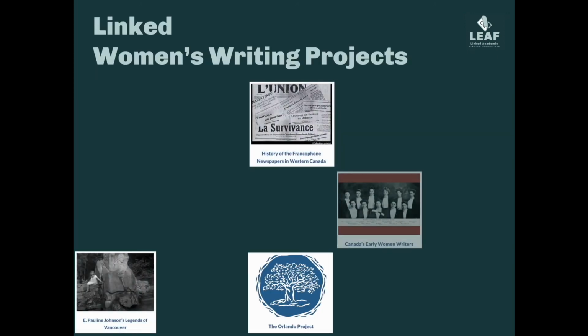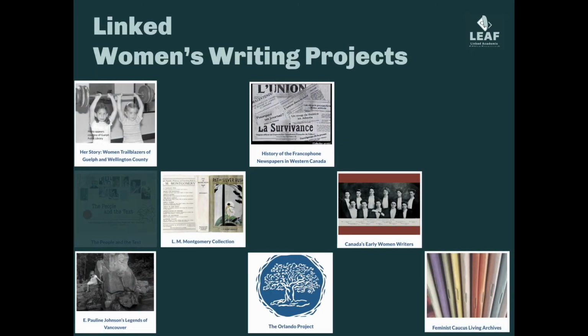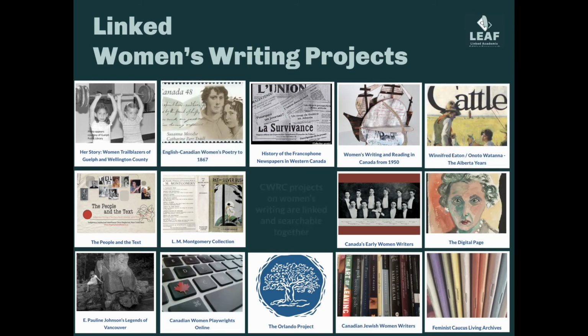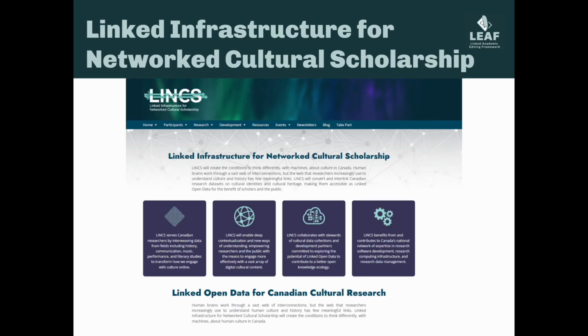Linked data will connect content across disparate LEAF projects to combine knowledge from different sources and perspectives, offering new insights. Thanks to its sister project, the Linked Infrastructure for Networked Cultural Scholarship, or LINCS, LEAF platforms will be able to push linked data out into the semantic web based on projects' metadata, markup, and annotations.